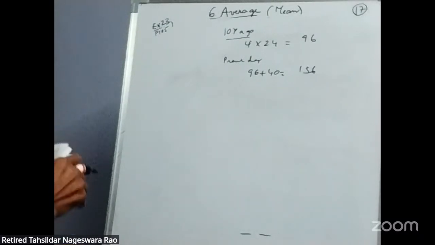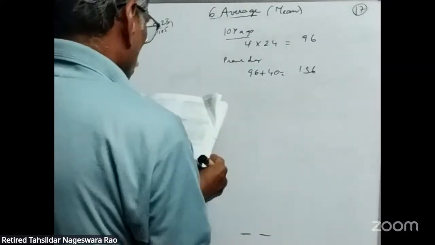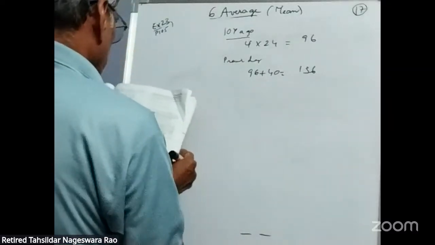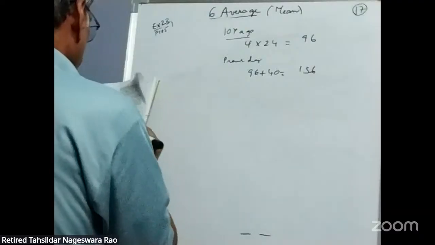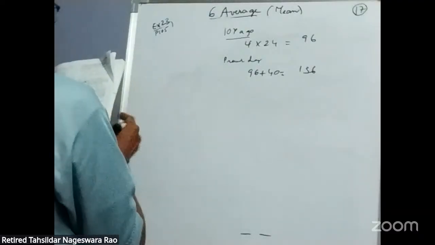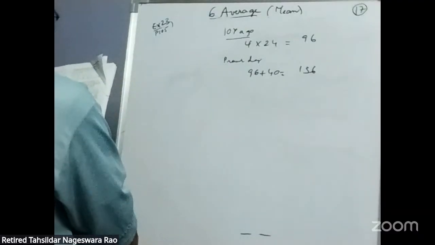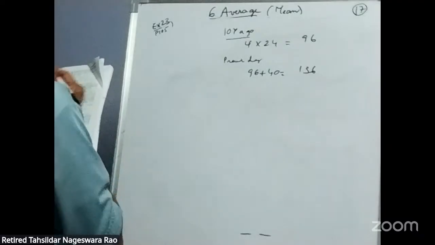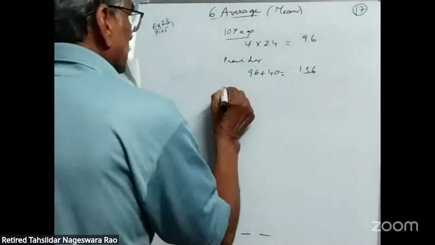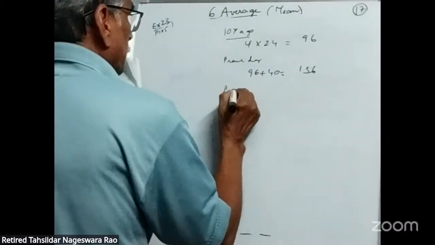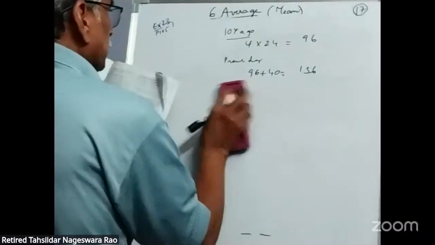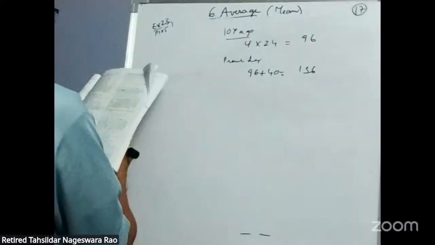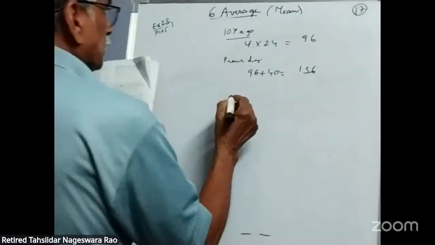Now these 4 members plus 2 new members, children born. Present day average is given. What is that? Again 24 is the average.